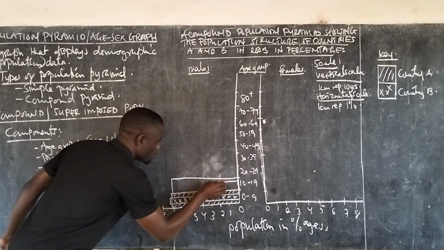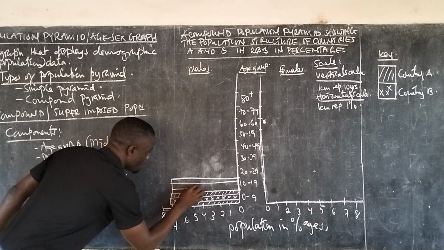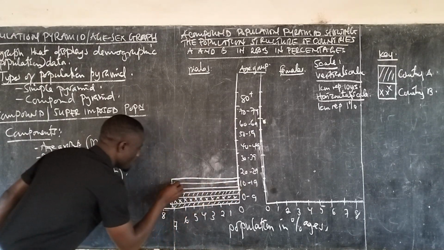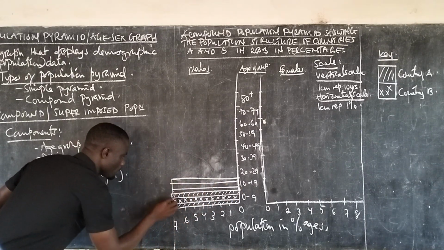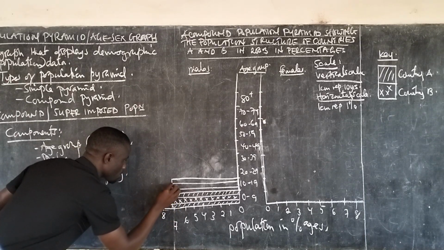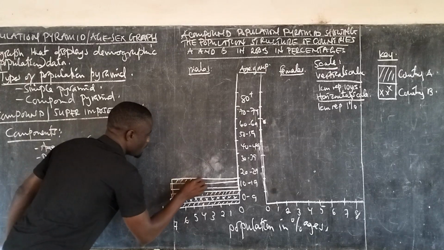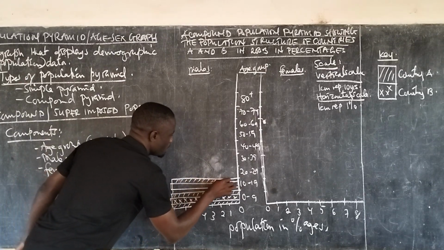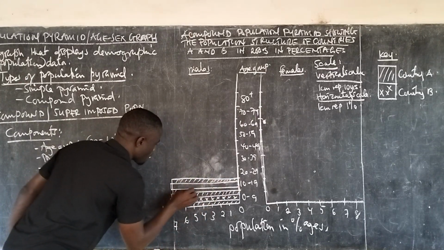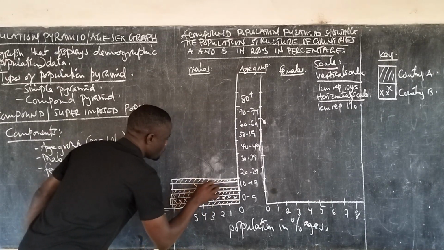Use a ruler, draw 7.3. The same way you have drawn the previous one is the same way you are doing this one. 7.3, that means it's going to be around here. So we shade the same. This shading is for country A, and this one is for country B.